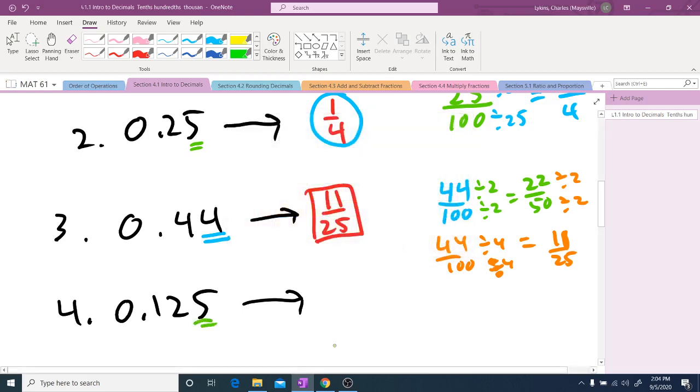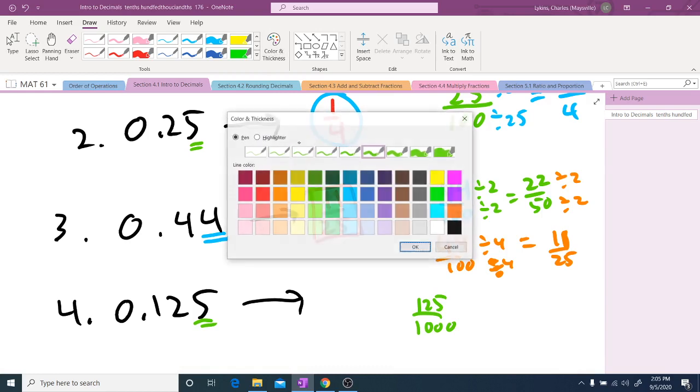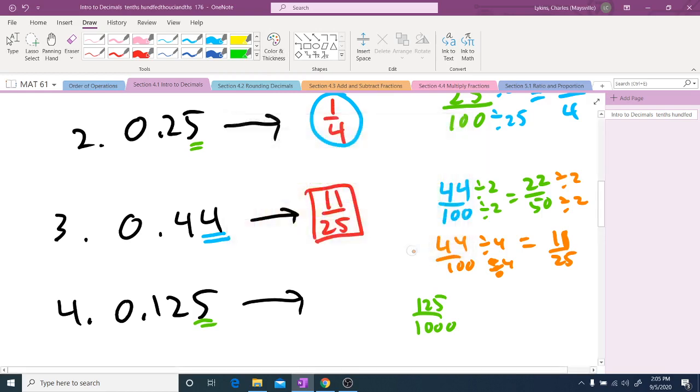Now I'm going to look at this 5. What position is that in? Well, 0.125, that's in the 1,000th position. So now what I'm going to do is divide each by 5. So 5 goes into 125 25 times. 5 goes into 1,000 200 times.